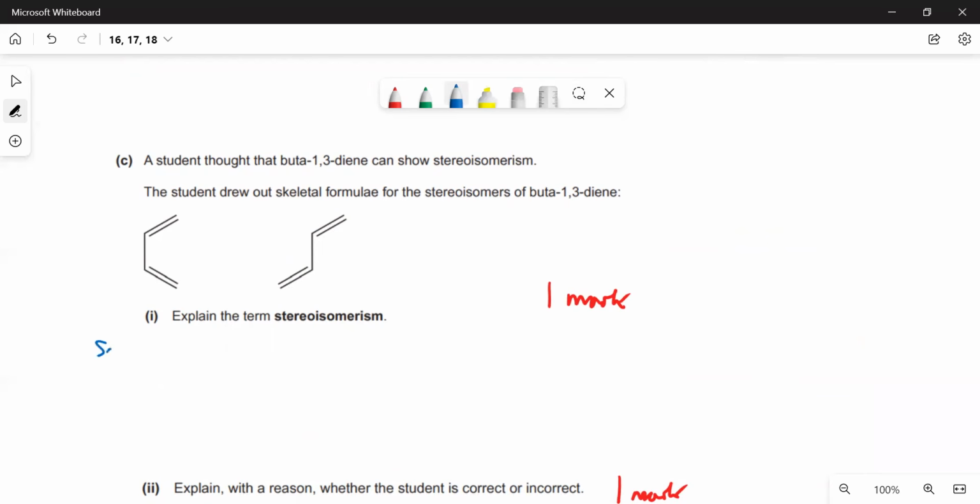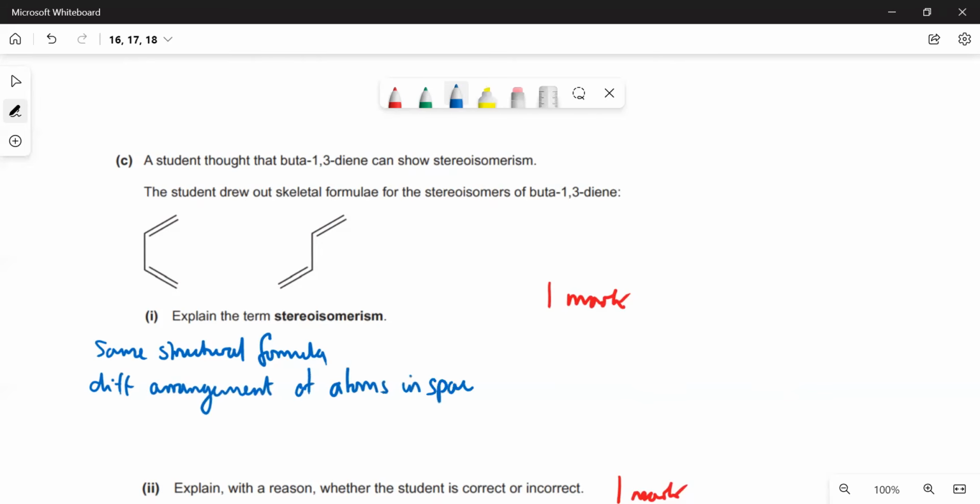It's the same structural formula and molecular formula, but different arrangement of atoms in space. Learn that. And of course, there's two kinds of stereoisomerism which we come across at A level. There's EZ isomerism, and there is optical isomerism.